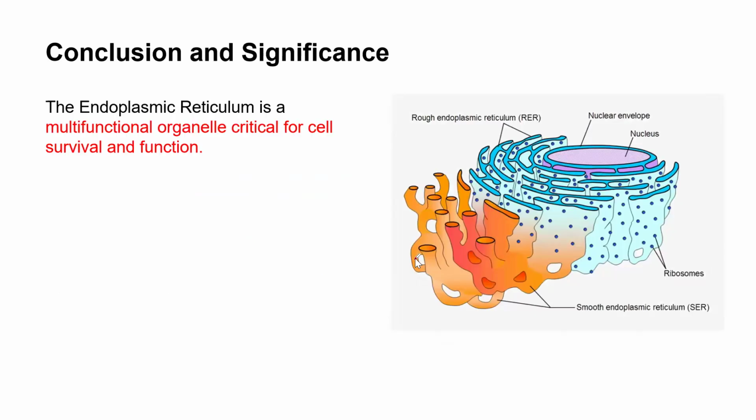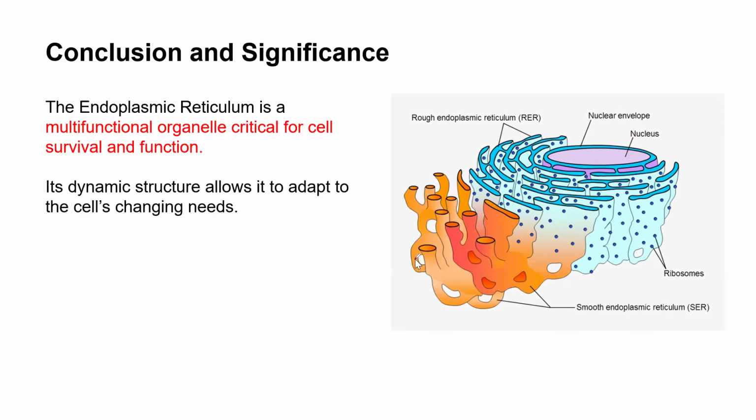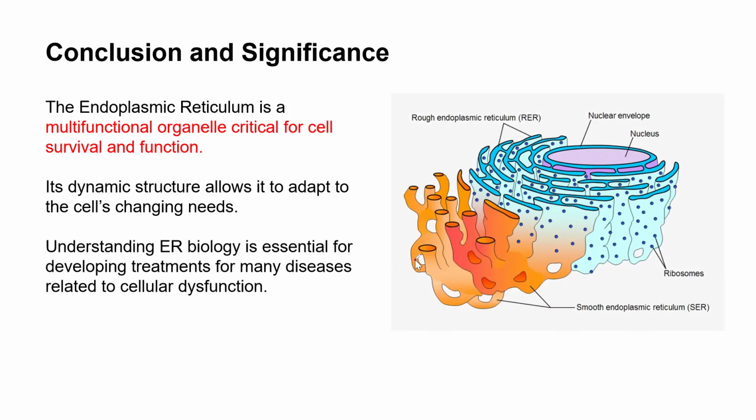So in conclusion and significance, the endoplasmic reticulum is a multifunctional organelle that is critical for cell survival and function. Its dynamic structure allows it to adapt to the cell's changing needs. So understanding ER biology is essential for developing treatments for many diseases related to cellular dysfunction.